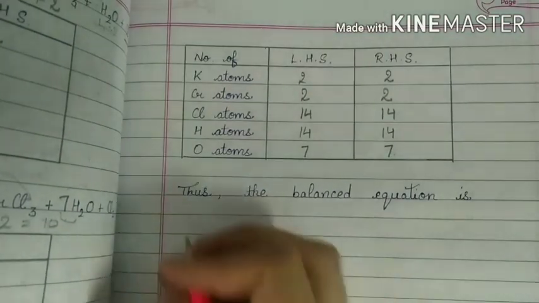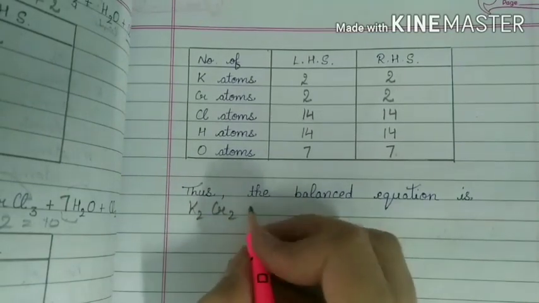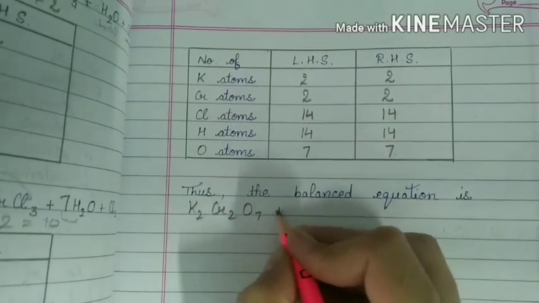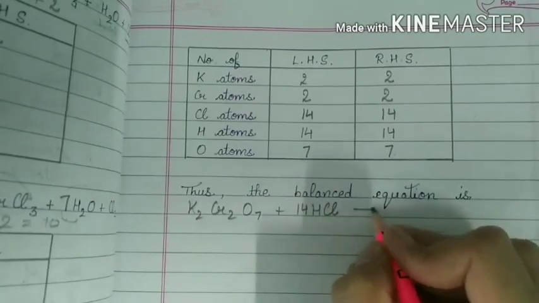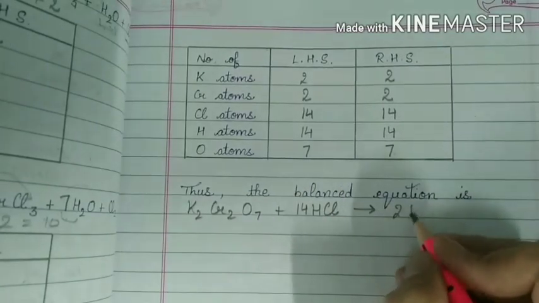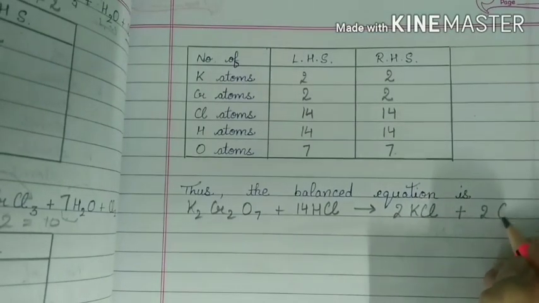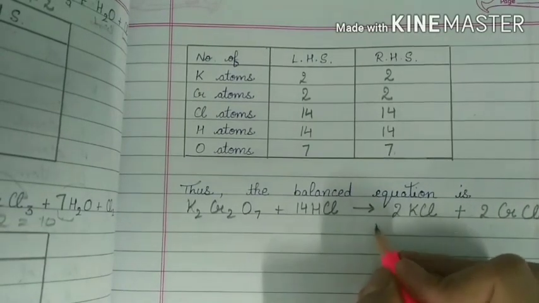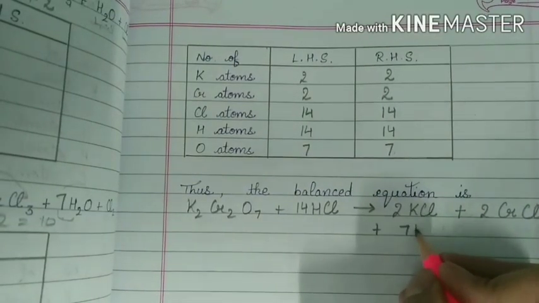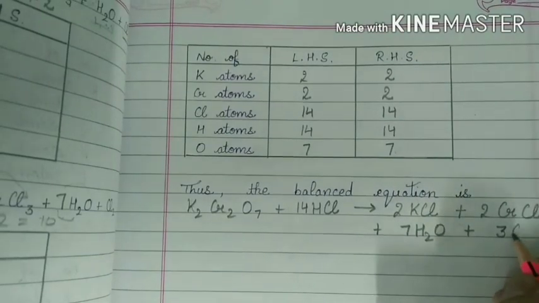So the balanced equation here is K2Cr2O7 plus 14 HCl gives 2 KCl plus 2CrCl3 plus 7H2O plus 3Cl2.